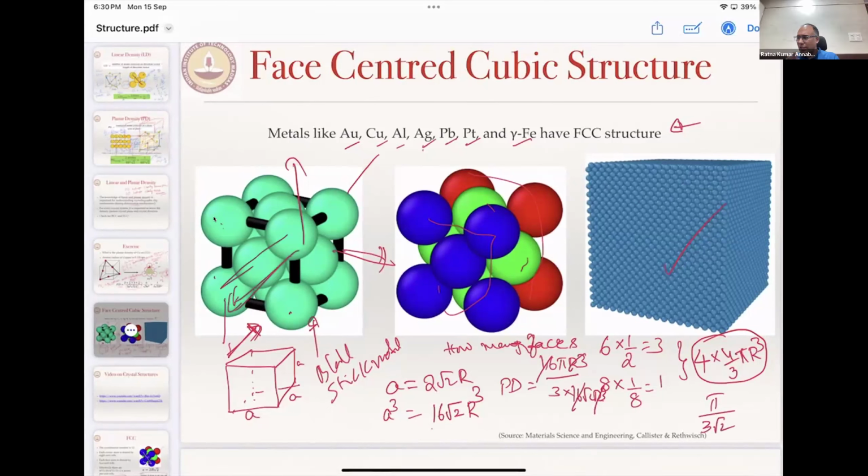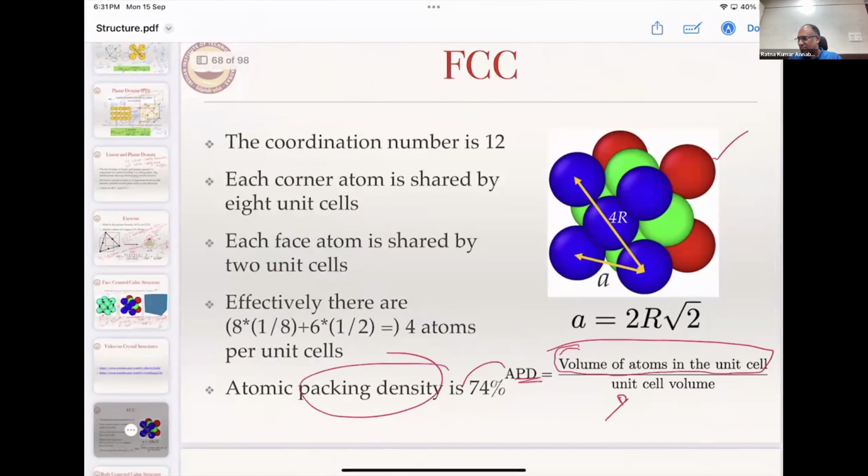Can you calculate what is pi by 3 root 2? 0.740. If you write it in percentage, 74%, right? Highest. An FCC crystal, no matter what, can only occupy 74% of volume.